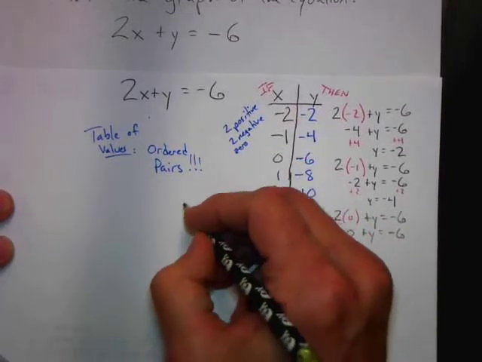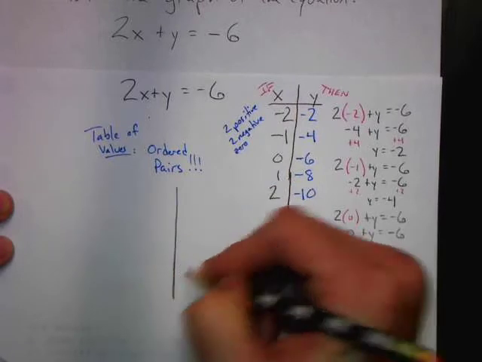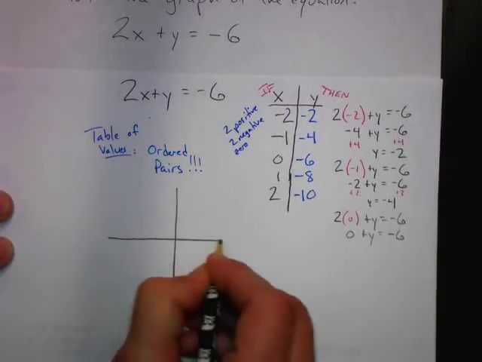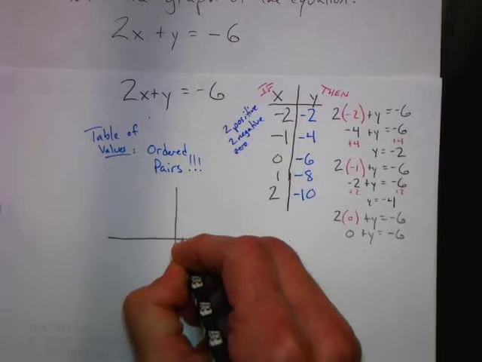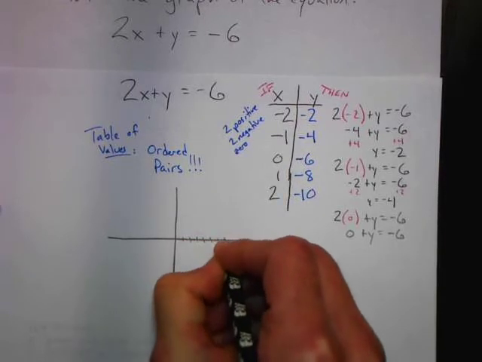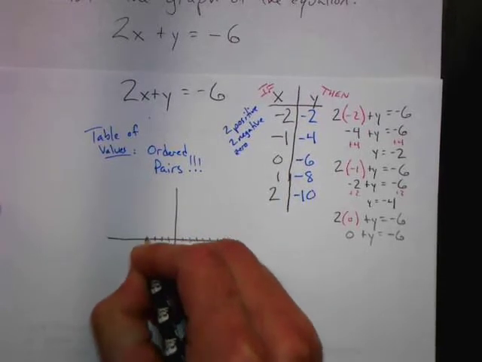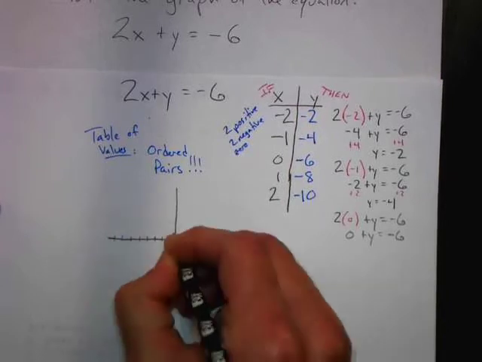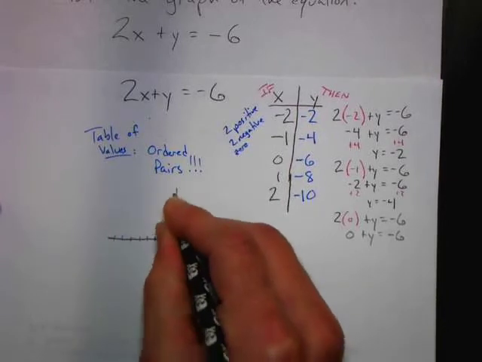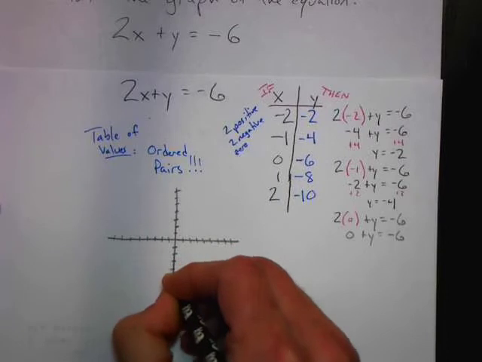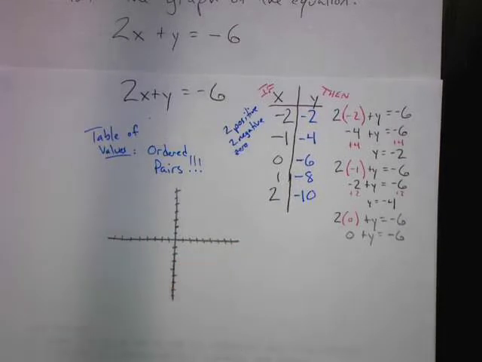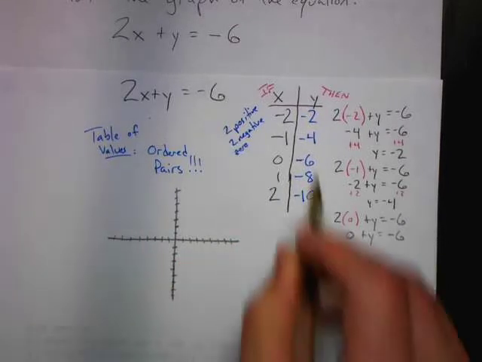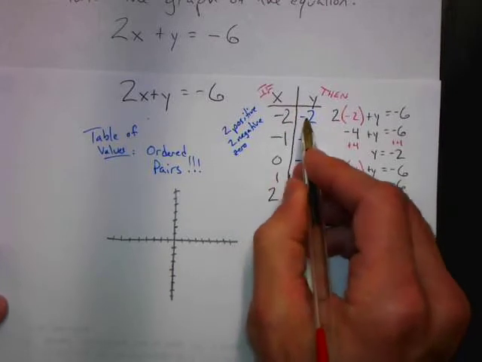So we can set up our coordinate plane. And then we're going to graph each of those ordered pairs. So we'll start with our first ordered pair. If x is negative 2, y is negative 2.